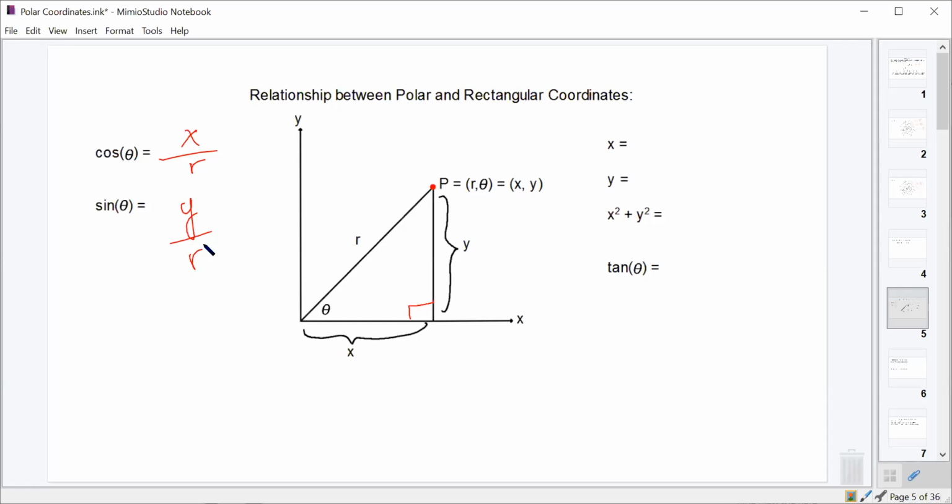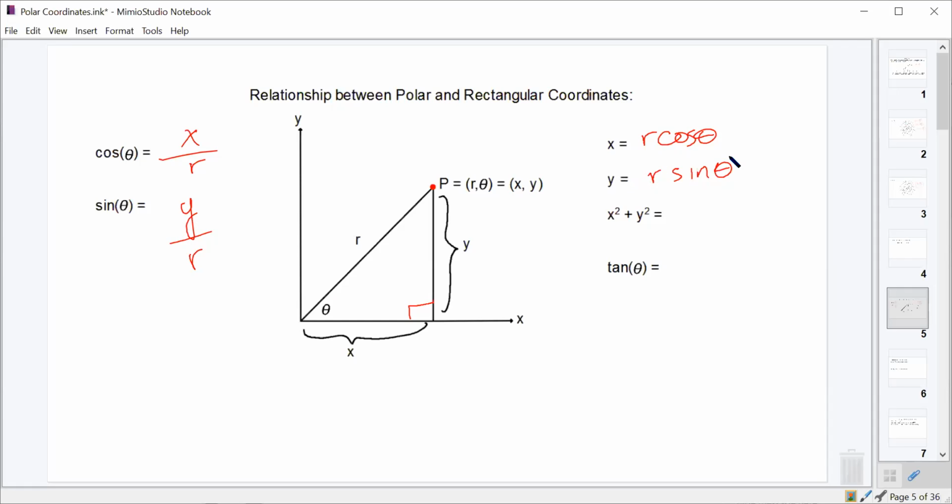So what does that tell you about the conversion between polar and rectangular? What does x equal? X ought to equal r cosine theta, and y ought to equal r sine theta. Good or no?